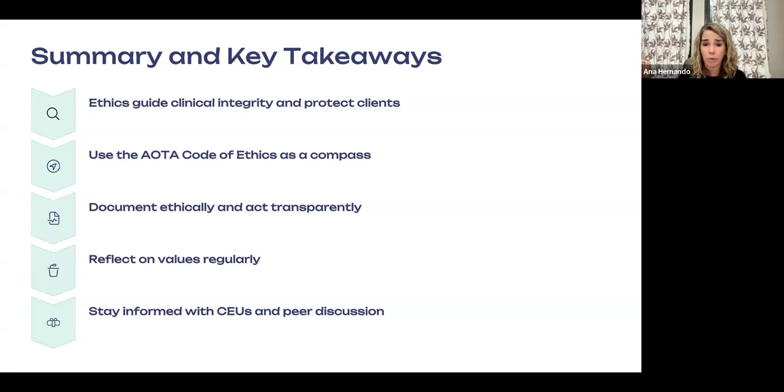Ask if you can buy one from them. But utilizing the Code of Ethics and referring to it in your workplace, or when you're working or talking to your colleagues or even with the other healthcare professionals, that's going to actually set you above because they're going to say, wow, that person knows the Code of Ethics.